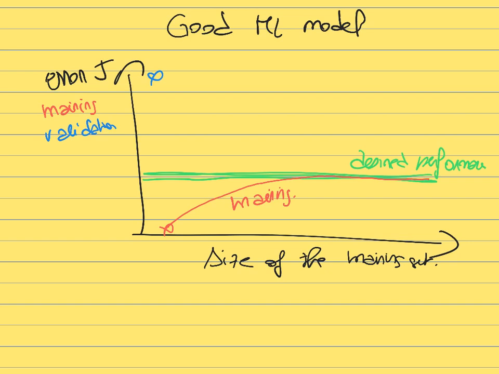So you want your training set error to become equal to the error that you are expecting your model to do. And then the validation set error is going to decrease as the model is learning, and is going to plateau, and it's going to become equal to the training set error, or very close, and it's going to also be equal to the desired performance. So this is what would be the typical signature of a good model. So if you see a learning curve like this, then it means that your model is good.